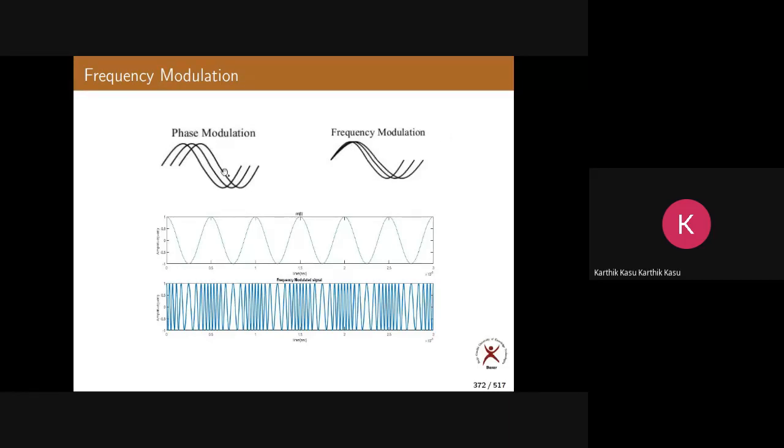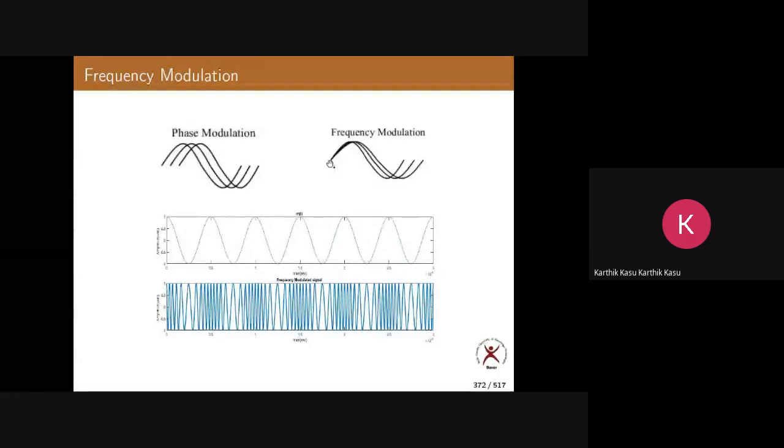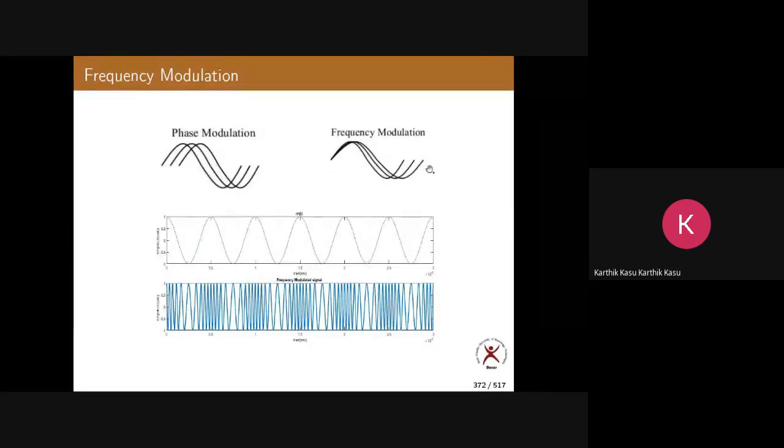So these are phase variations. These are frequency variations. So phase variations start at different times, end at different times. But here in the frequency, they start at the same time. Obviously, they will end at different times. So that is the meaning of changing the phase as well as changing the frequency.